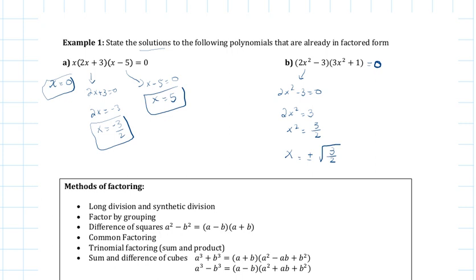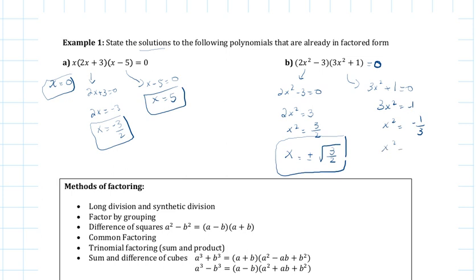Then I'm going to set this one equal to 0, so I have 3x squared plus 1 equals 0, so 3x squared equals negative 1. If I divide by 3, x squared equals negative 1 over 3. If I take the square root here, x equals plus or minus the square root of negative 1 over 3.